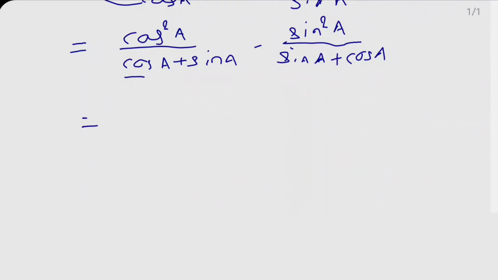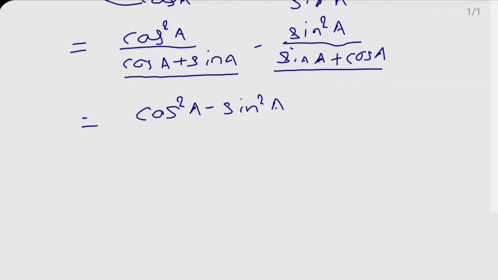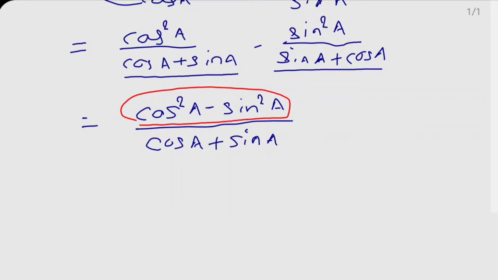So now see here, in the denominator cos A plus sin A, here also in the denominator cos A plus sin A. So take LCM cos A plus sin A, so this becomes cos square A minus sin square A divided by cos A plus sin A. See here in the numerator cos square A minus sin square A, it is in the form of A square minus B square.